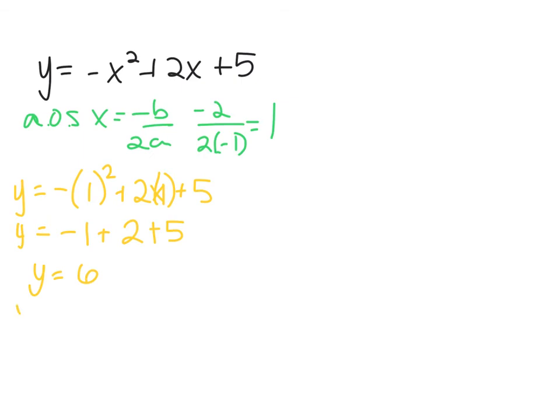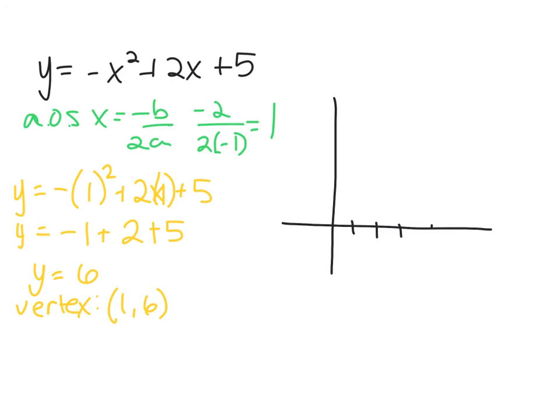So I know my vertex is the ordered pair 1, 6. Okay, so I am going to graph that on my graph. Here is my vertex, the ordered pair 1, 6.